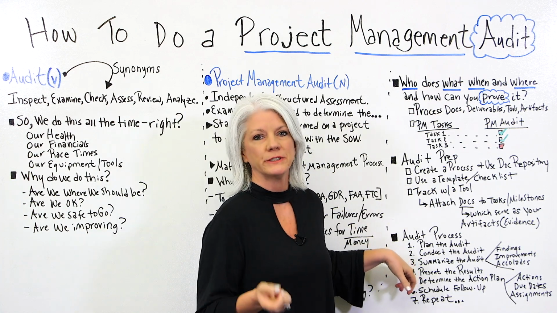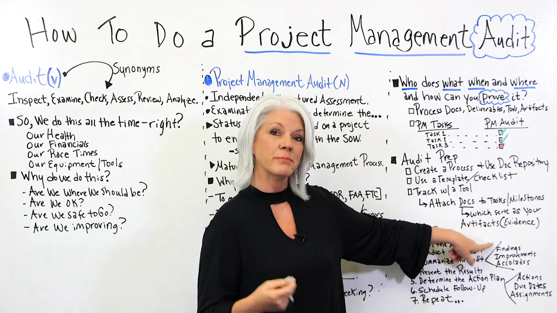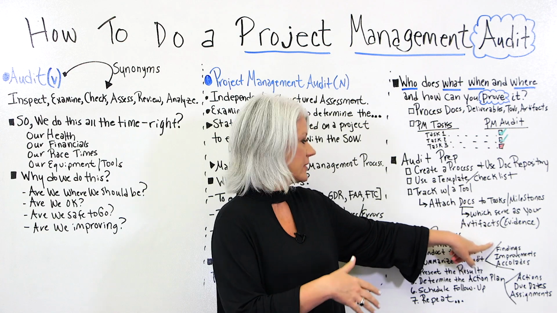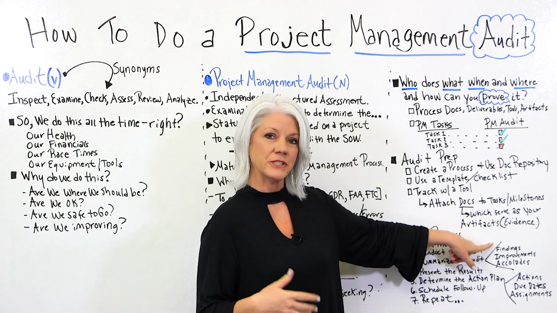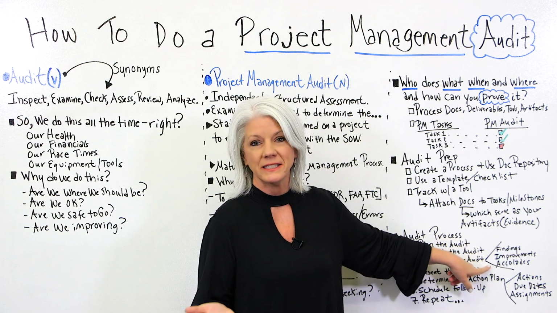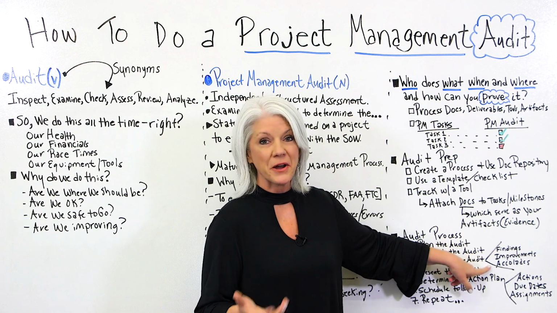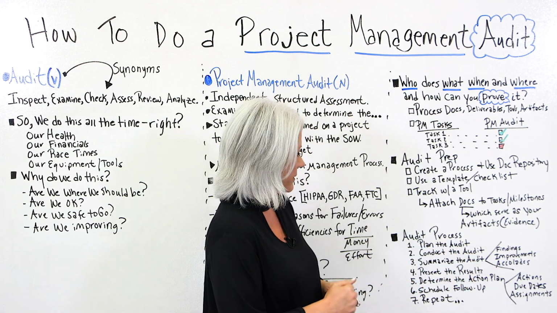Then I think it's important to summarize the audit. What were the findings? What improvements did you see had occurred, or what recommendations for improvements do you see could be done? And also, I like to give accolades. When people improve processes, I like to encourage them and let them know that they're actually doing things better.